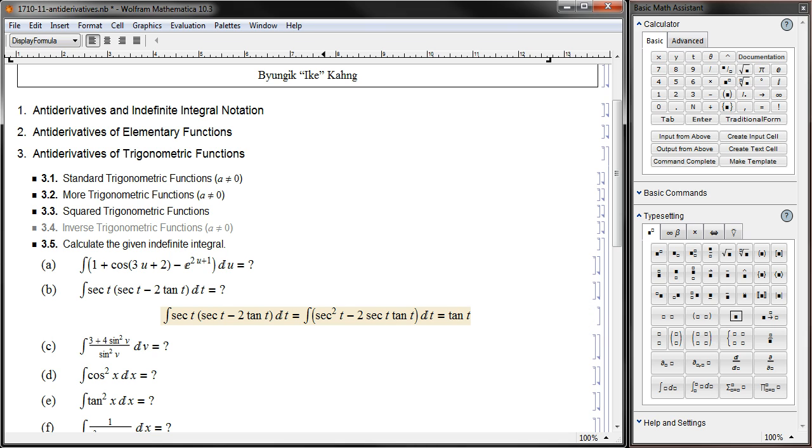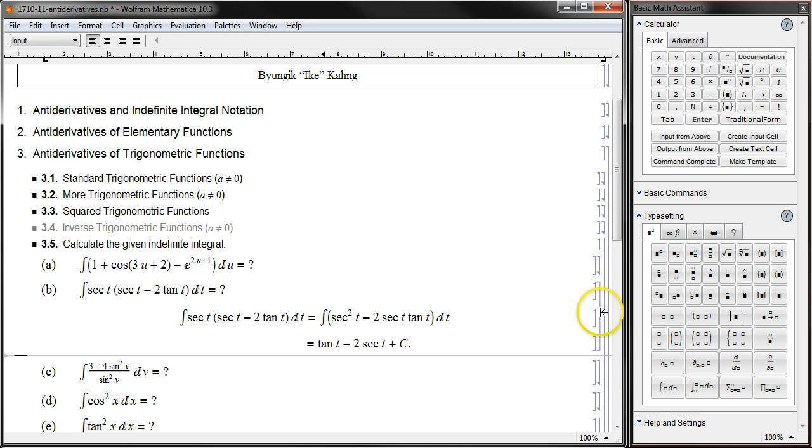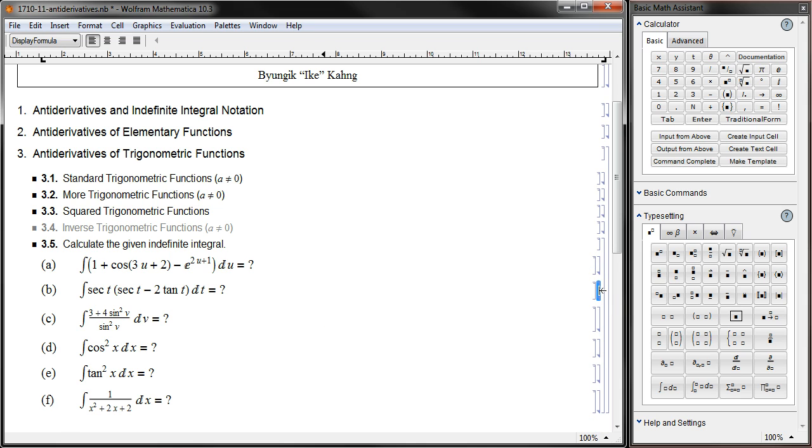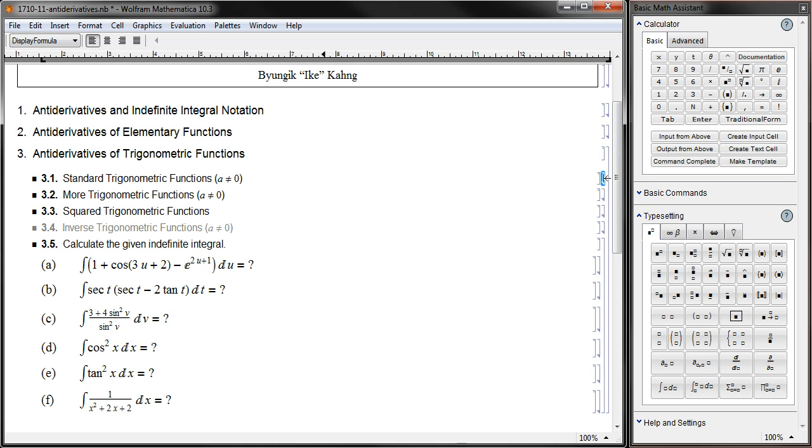Tangent of t minus 2 secant of t. Here's the answer key. Well, if you don't know the antiderivative formulas, you can't really do too much, so it's important you keep these handy. Better yet, memorize them.